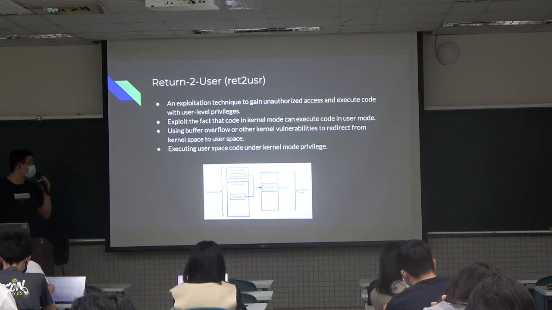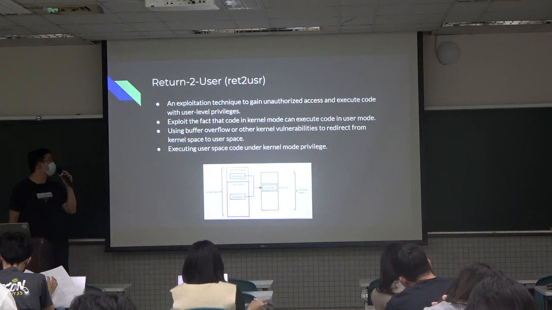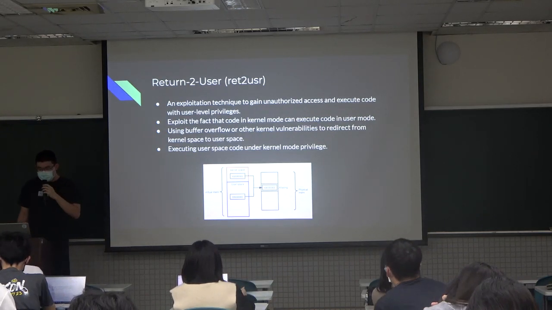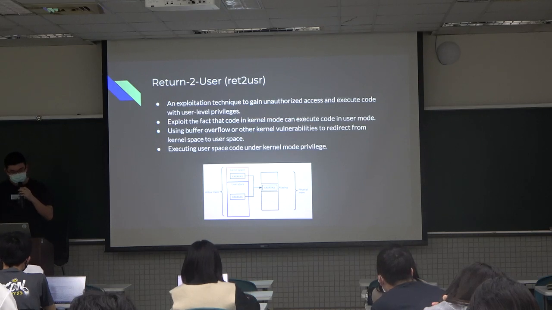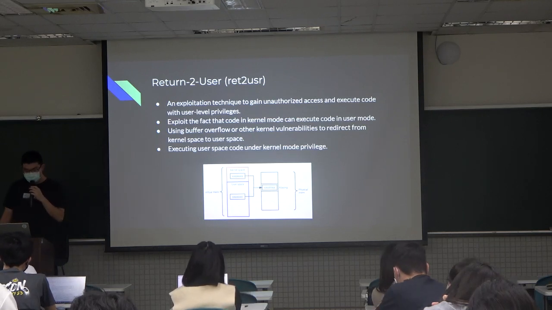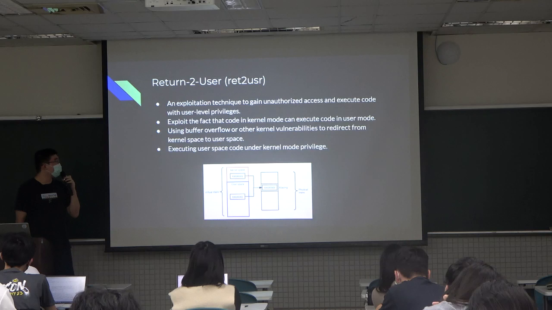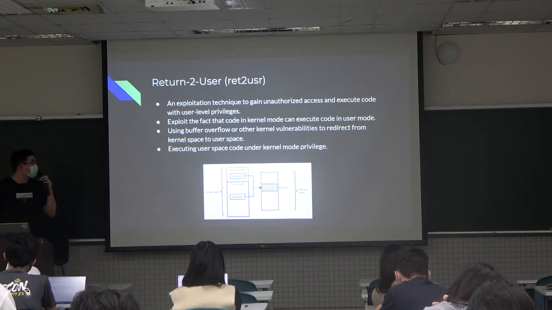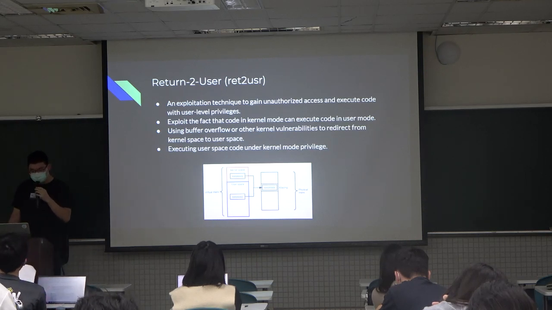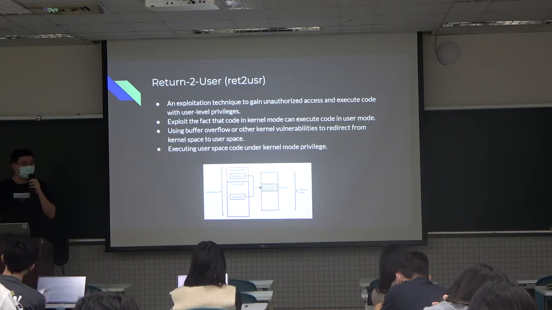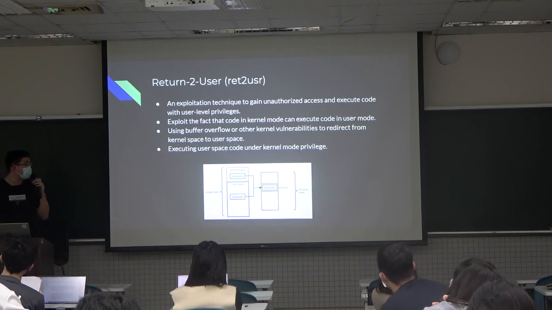And the advanced technique of buffer overflow is the return to user attack. This attack exploits the stack in kernel space. Because we want the privilege in the kernel space, but we cannot place our malicious code in kernel space because this is difficult.